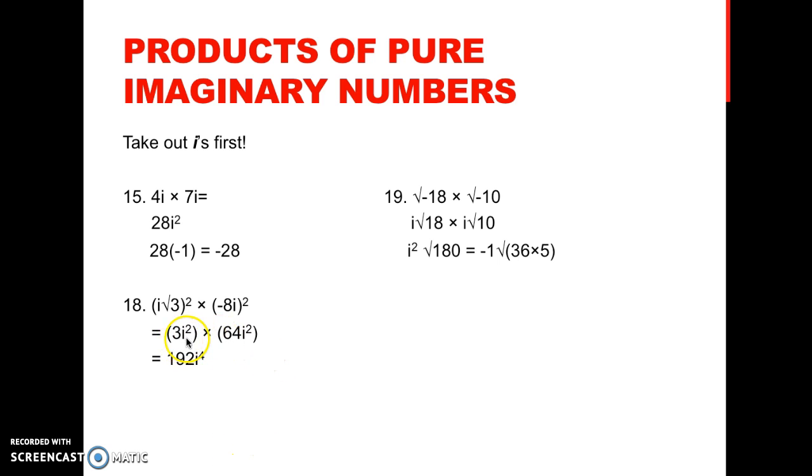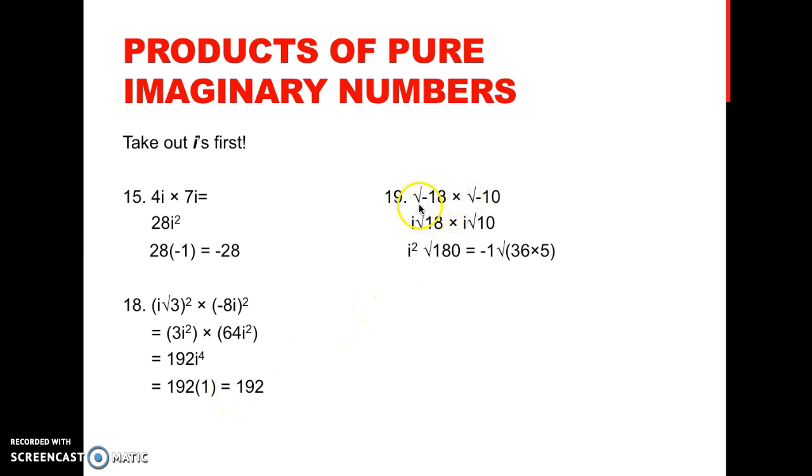So we take 3 times negative 1 times 64 times negative 1, or we can just go ahead and combine our i's, and we have 3 times 64 equals 192, and then i squared times i to the second power, and then we would have i to the fourth. Or we break it down further, and when we have i to the fourth power, we get a positive 1. 192 times 1 equals 192.